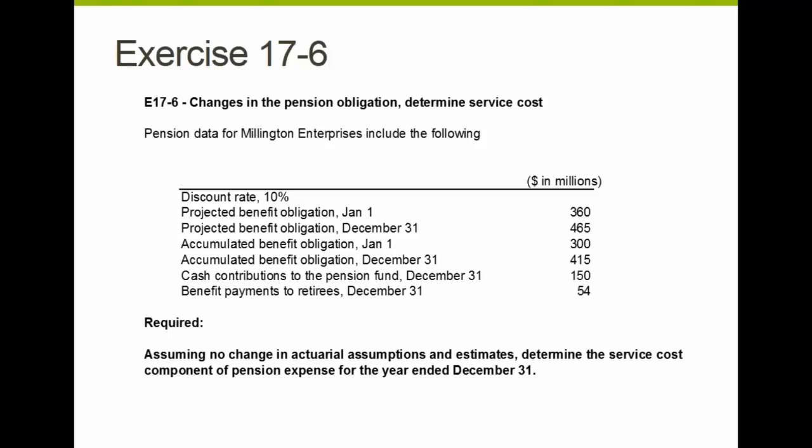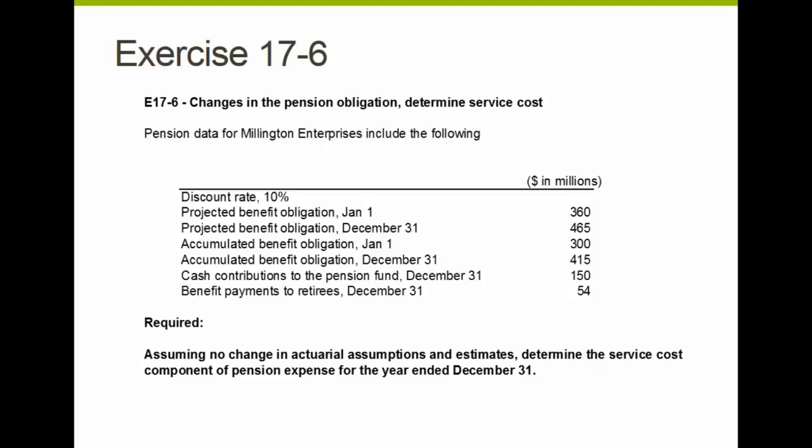So I have a discount rate of 10%, the projected benefit obligation on January 1st of $360 million, projected benefit obligation December 31st, $465 million, the accumulated benefit obligation January 1st, $300 million, accumulated benefit obligation December 31st, $415 million, cash contributions to the pension fund, $150,000, and benefits paid to the retirees December 31st.